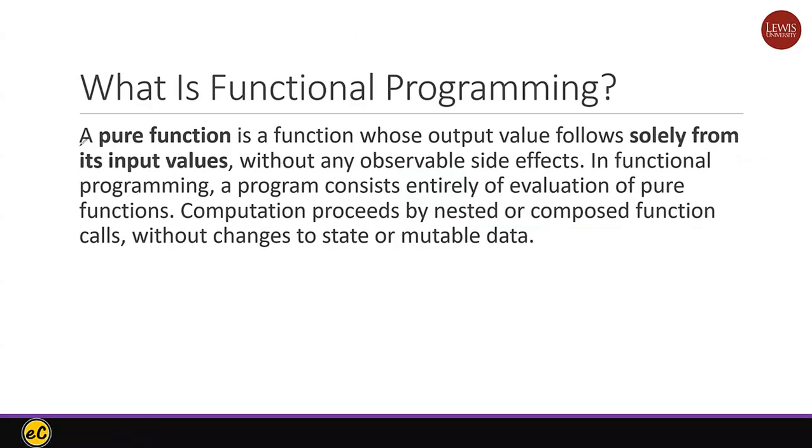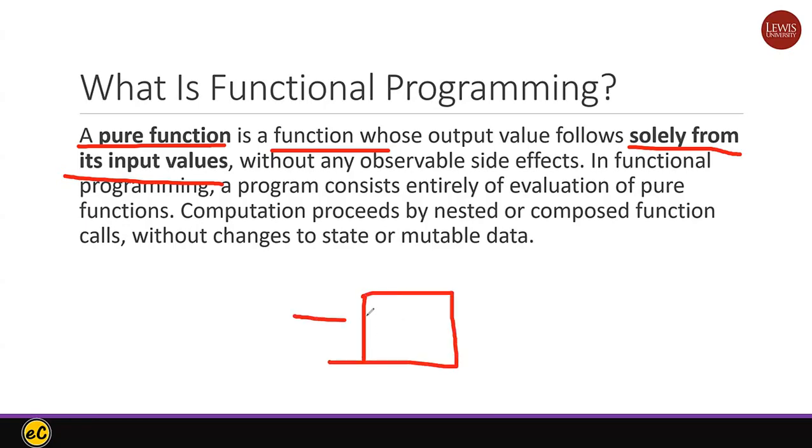Here you need to know what a pure function is. A pure function is a function whose output value follows solely from its input values. You get input, you produce output, and the output depends purely on the input. That's called a pure function, so there's no side effect.